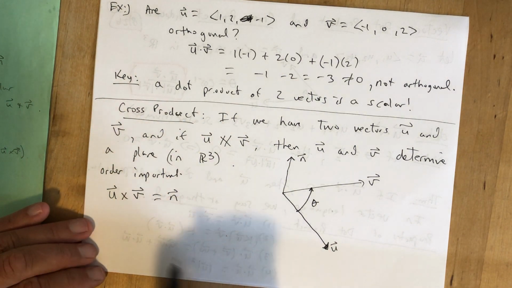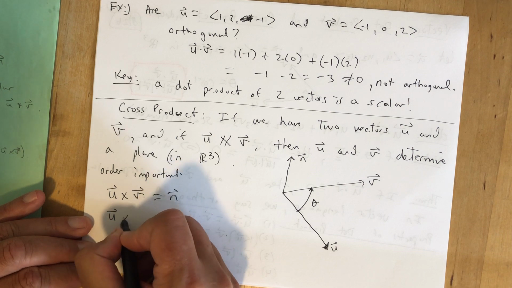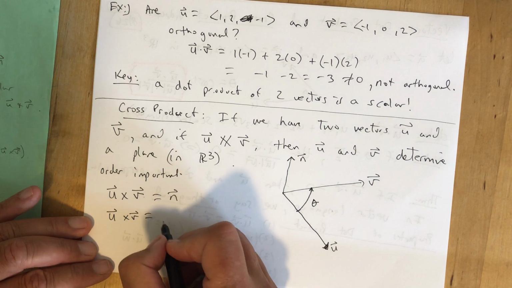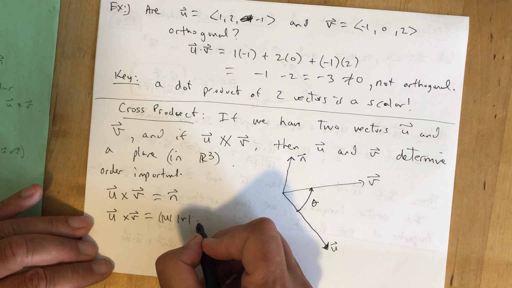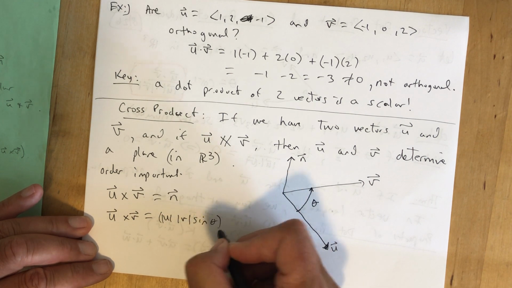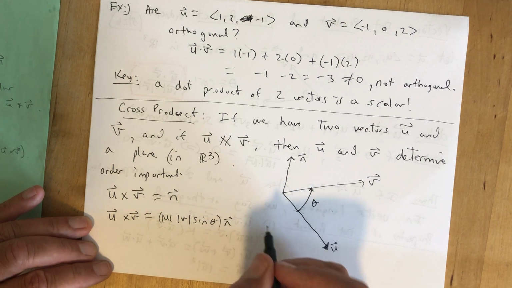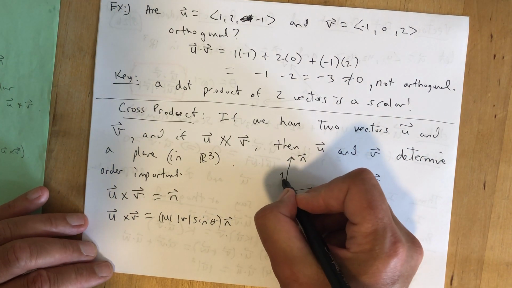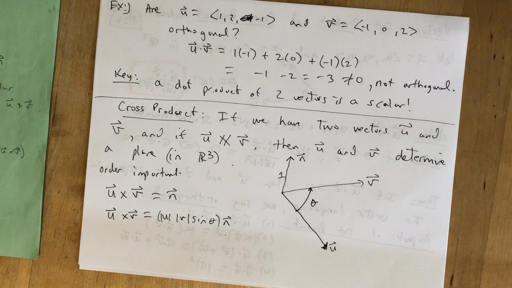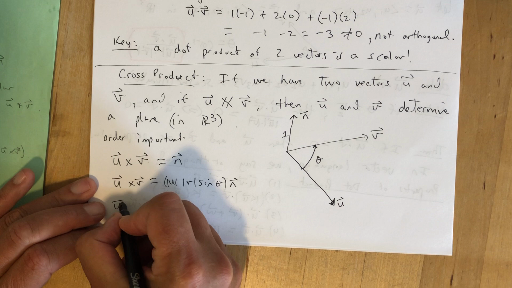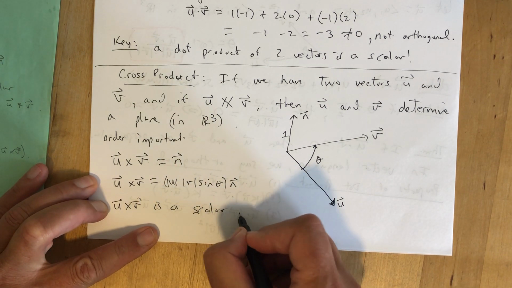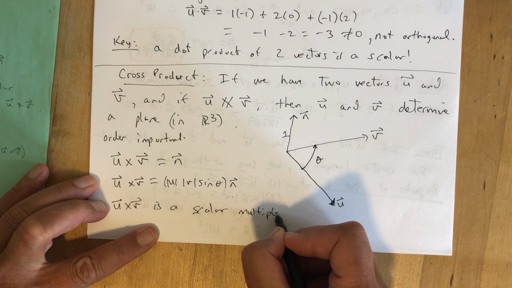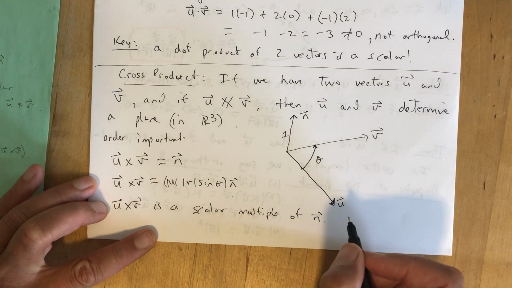Okay? And so u cross v gives us a vector, which turns out to be the norm of u times the norm of v times the sine of theta times n. And this little n here is a unit vector, so it has length 1. Okay? And u cross v is a scalar multiple of n, right?